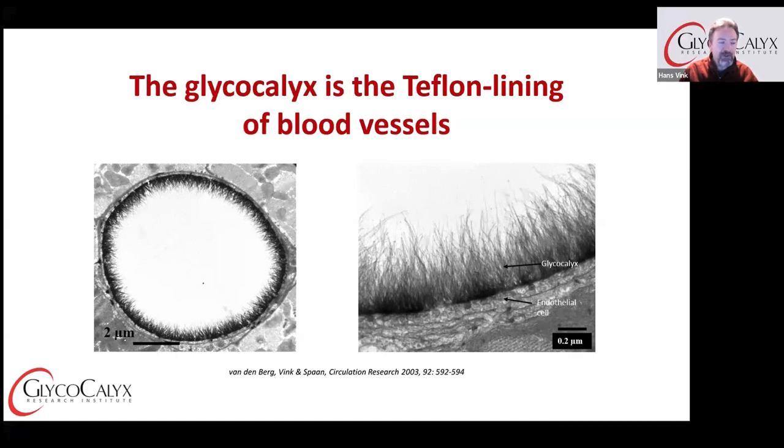Because the other problem is these structures are embedded in a gel under in vivo conditions, which allows them to withstand shear forces, and they're robust and stable. But as soon as you start staining and you are successful in staining these structures, then they become very fragile. So they lose the gel environment.